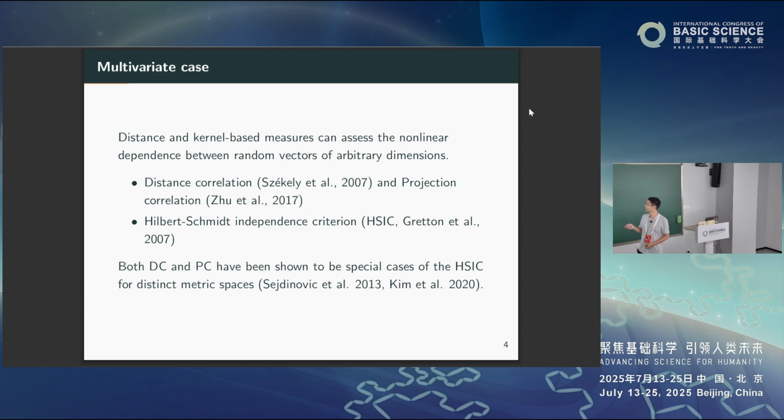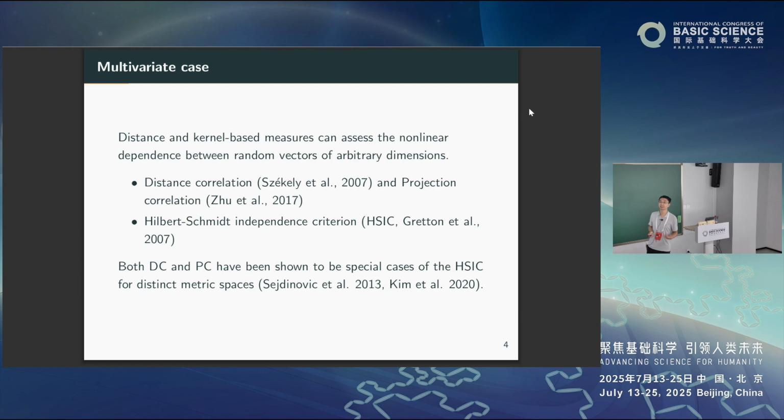Both were developed in the same year, 2007, but they are popular in different communities. The distance correlation is popular in the statistics community, and the HSIC is popular in the machine learning community.